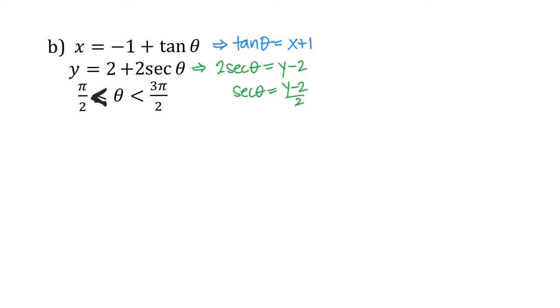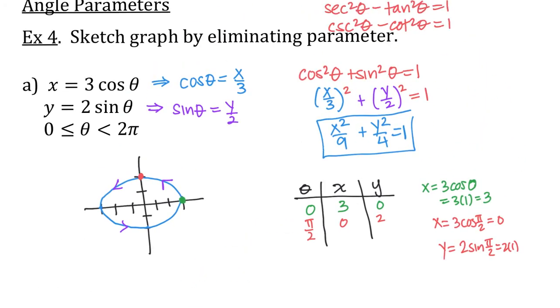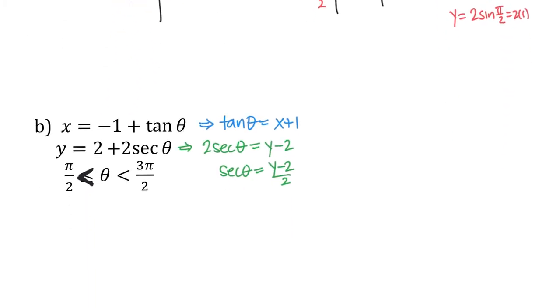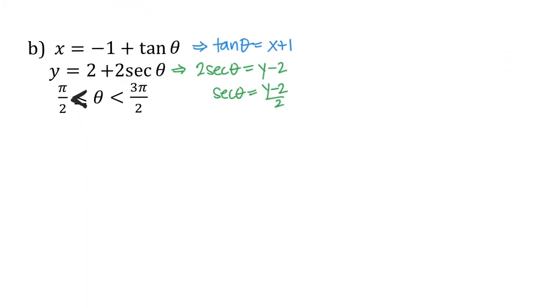Okay, now let me check and see which trig identity has tangent and secant in it. So I'm going to use secant squared theta minus tangent squared theta equals 1, and that's because if I plug it into an equation I know to be true, it will produce another true equation.